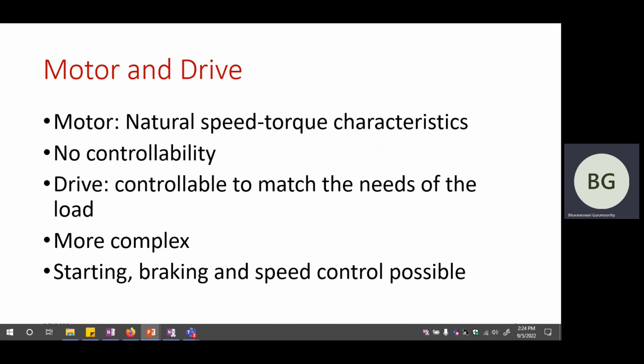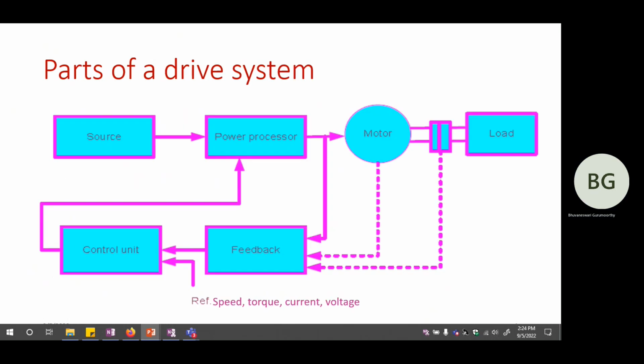All these things are not going to be possible. Whereas in a drive unit, when you install the motor along with the control unit, you will be able to control the starting, braking, as well as the speed and torque characteristics of the drive itself as per the requirement from the load side.